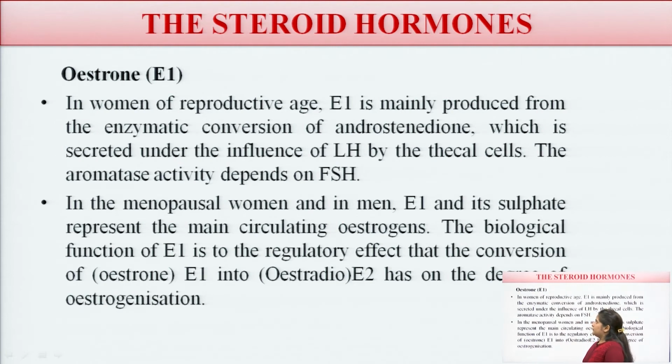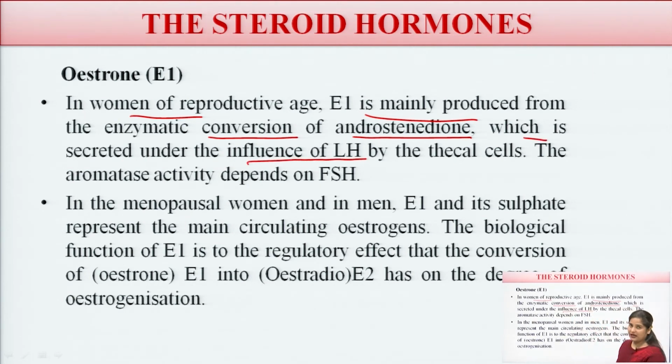Now, estrone or E1: in women of reproductive age, E1 is mainly produced from the enzymatic conversion of androstenedione, which is secreted under the influence of LH, the luteinizing hormone, by the thecal cells, and the aromatase activity depends on the FSH, right?